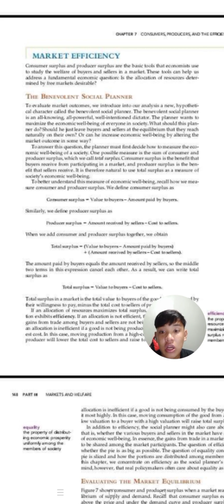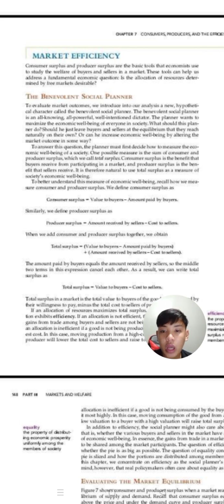Similarly, we define producer surplus with another formula: producer surplus equals amount received by sellers minus cost to sellers.